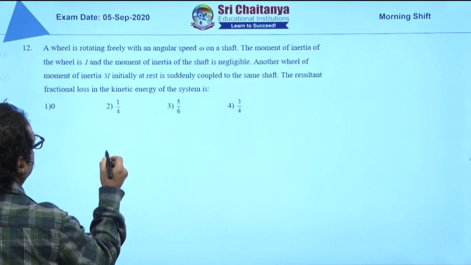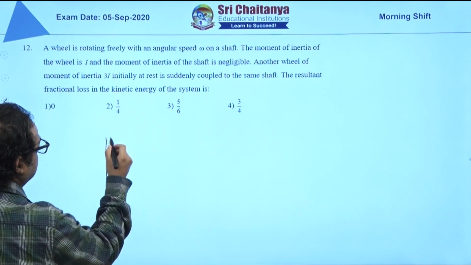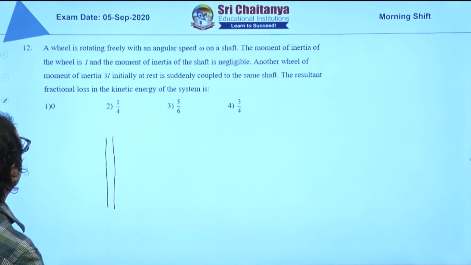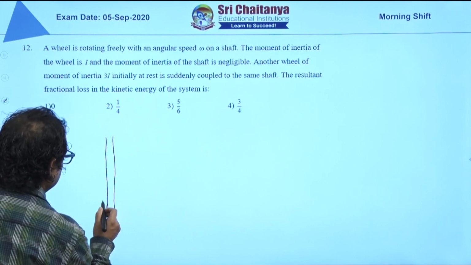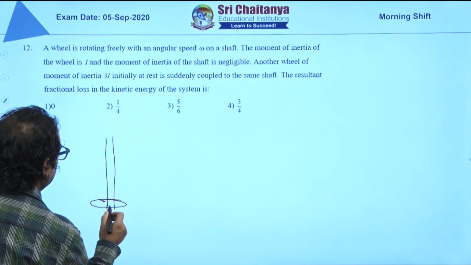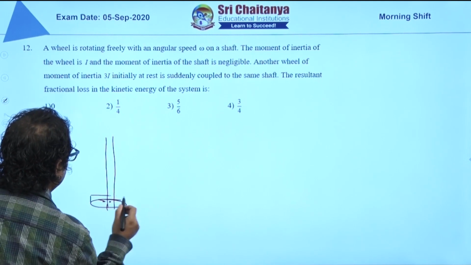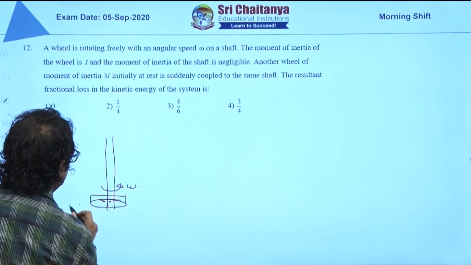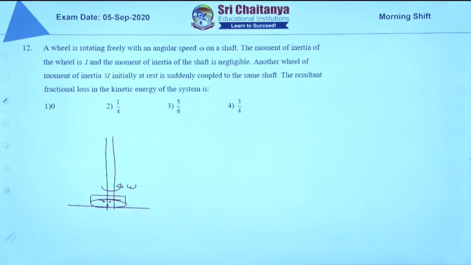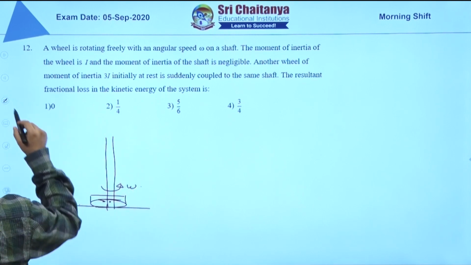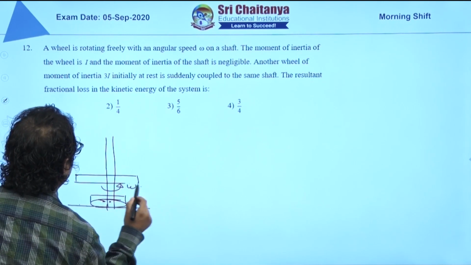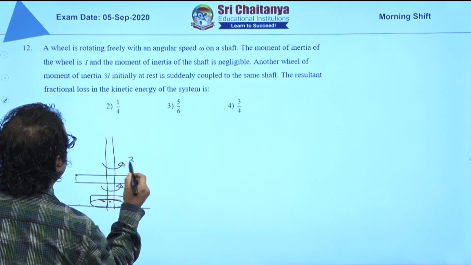So, basically, let us say this is a shaft for easier purpose. Let us say this is a wheel, rotating with angular velocity omega, maybe on a horizontal frictionless platform. Now we are putting one more wheel, its moment of inertia is 3I.